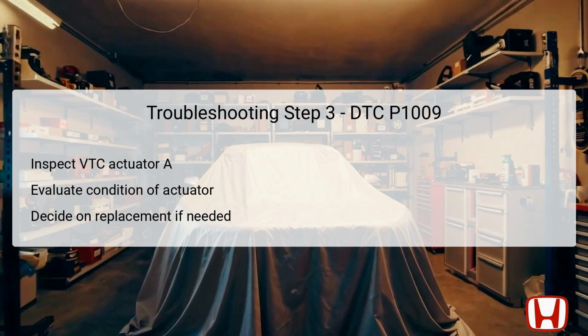If the actuator is found to be functional, check the VTC system oil passages for blockage, which could affect operation. However, if you determine the actuator is faulty, it must be replaced to resolve the issue indicated by DTC P1009. Ensuring this actuator is servicing properly is essential, as it directly influences engine timing and efficiency.